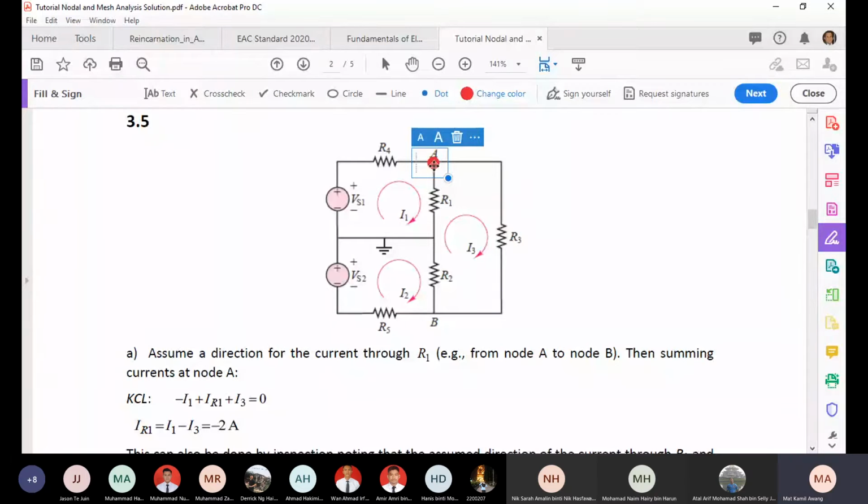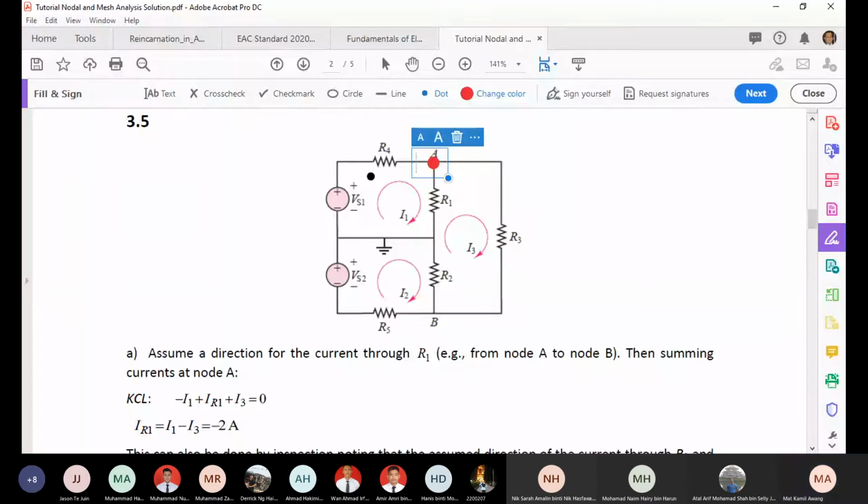What is the equation for node A? You have I1 going in, I3 going out, and IR1 going out. So the summation of current entering node A is equal to the summation of current going out from node A.